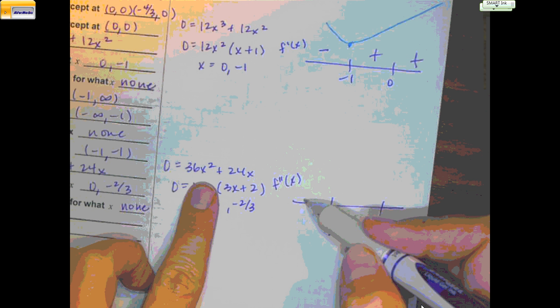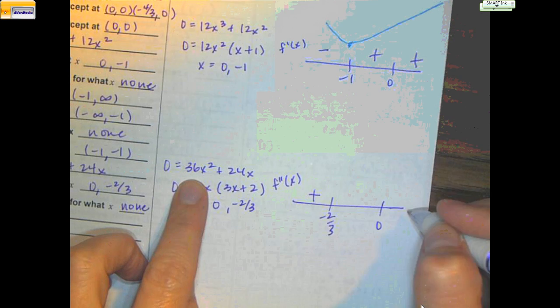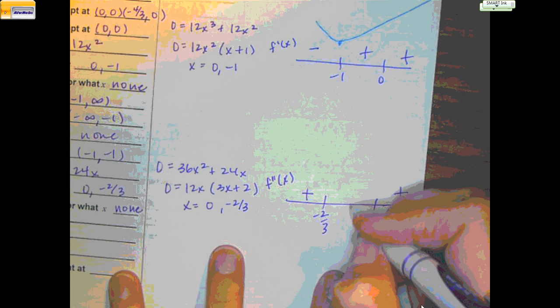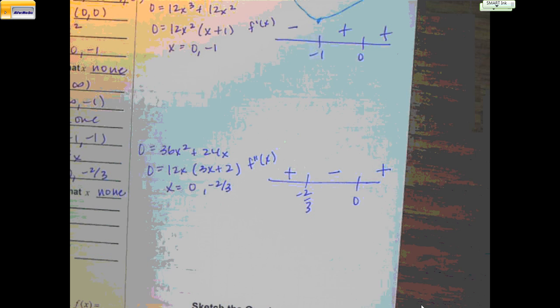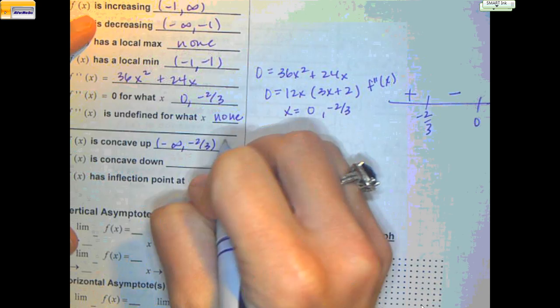The sketchy part is right in the middle. So we plug in something like negative a half. And when we do that, we get a negative. So now we can see our concave up and concave down. We are concave up from negative infinity to negative 2/3 and from 0 to infinity. We are concave down between negative 2/3 and 0.